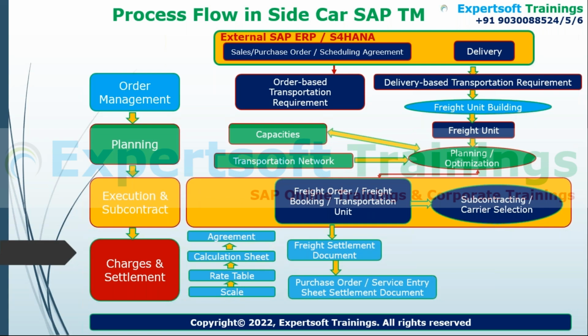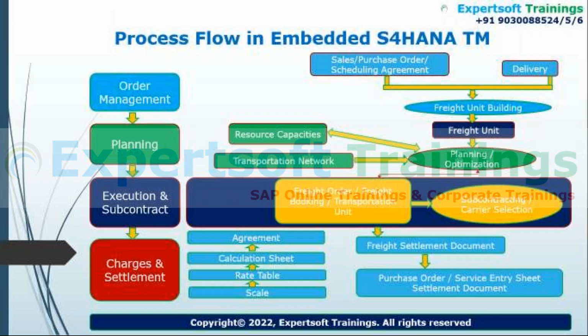And the main advantage of simplification is, as I told you, because you are not using the middleware, the creation and availability of transaction and master data is synchronous. That is the most advantageous point you have when you're going for embedded. Because the current TM product is still evolving, there had been a lot of issues we used to face after implementation.